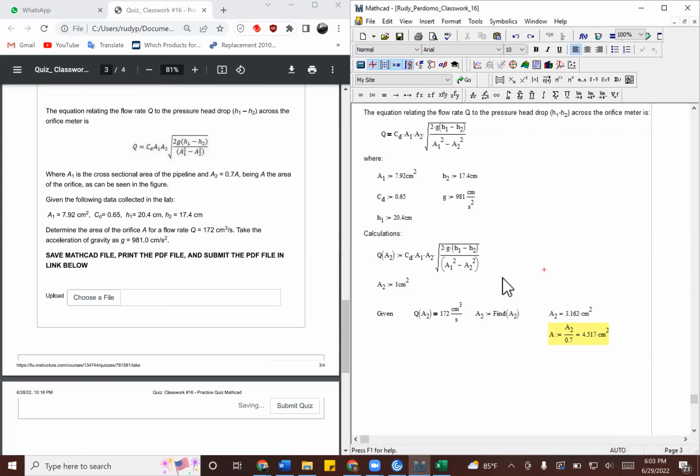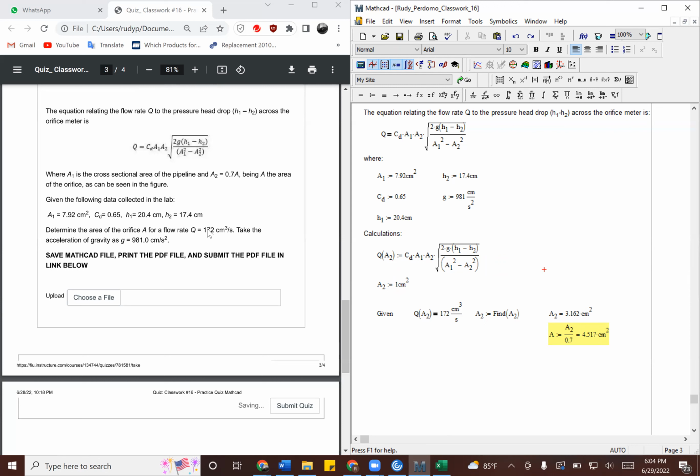Or you could do it a step longer and solve for A2 first. So you would guess, this is a guess for A.2, given, make sure there's no space here. Q of A.2, and then this has to be a bold equal sign, so this is an equation that you're setting.